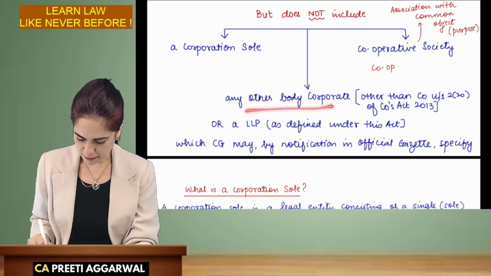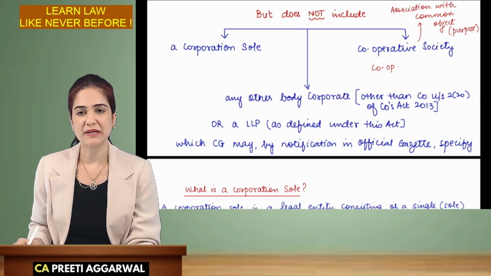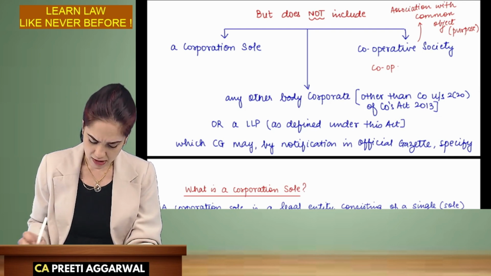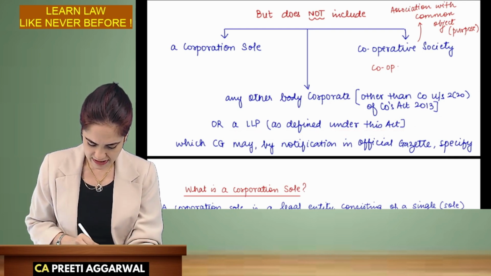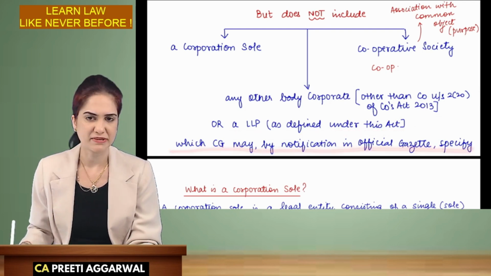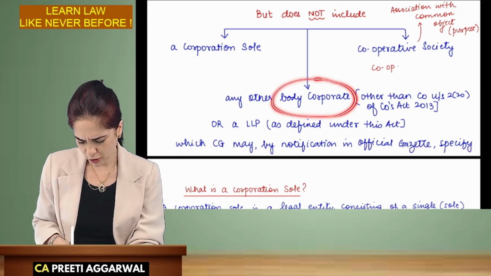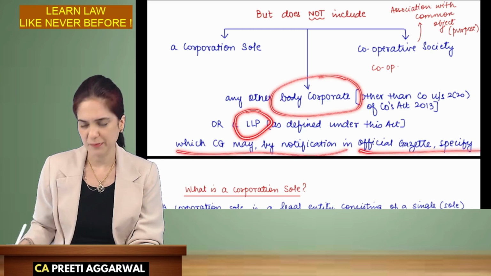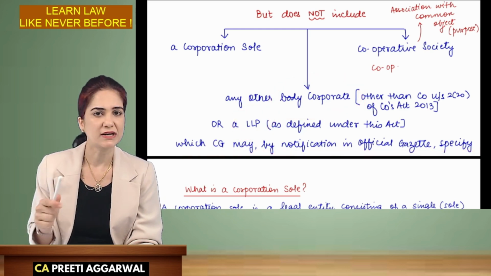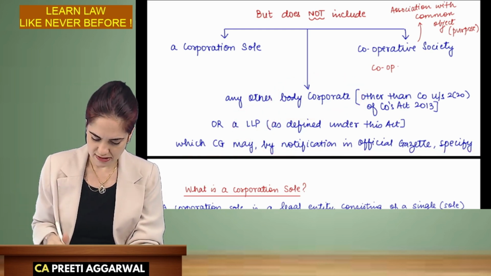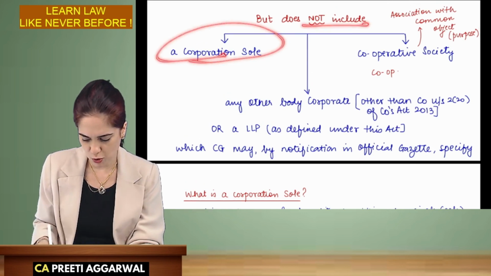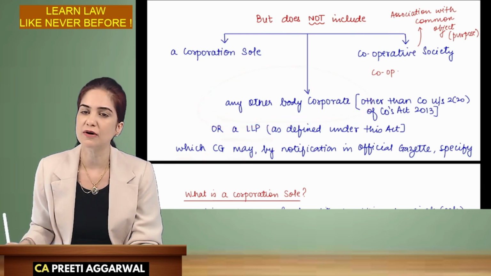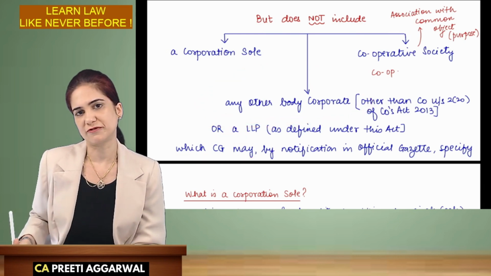It also does not include any other body corporate other than the companies defined under Section 2, Clause 20 of the Companies Act, or an LLP defined under this Act, which the central government may by notification in the official gazette specify. So that can also be excluded. So it will not include corporation sole, cooperative society, any other body corporate or LLP which the central government may by notification in the official gazette specify.